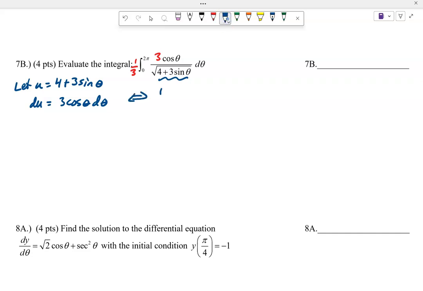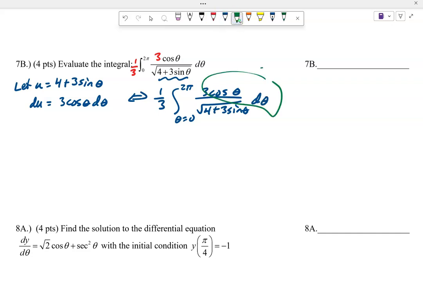So this will become 1/3 integral from theta being 0 up to 2 pi of 3 cosine theta over the square root of u here. And again, notice that is our du. This is our u down there. So we've got 1/3 integral of 1 over the square root of u du.